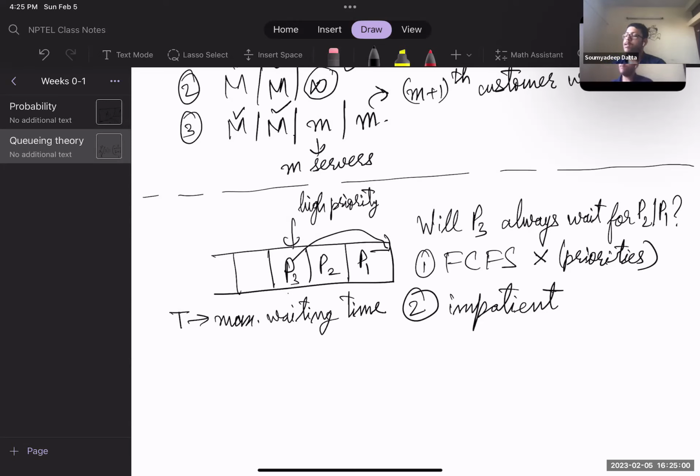So if P3, for whatsoever reason, ends up waiting more than T duration, P3 will immediately exit the queue. This is the nature of this person, very impatient. So he or she will just leave the queue and will not bother about service.